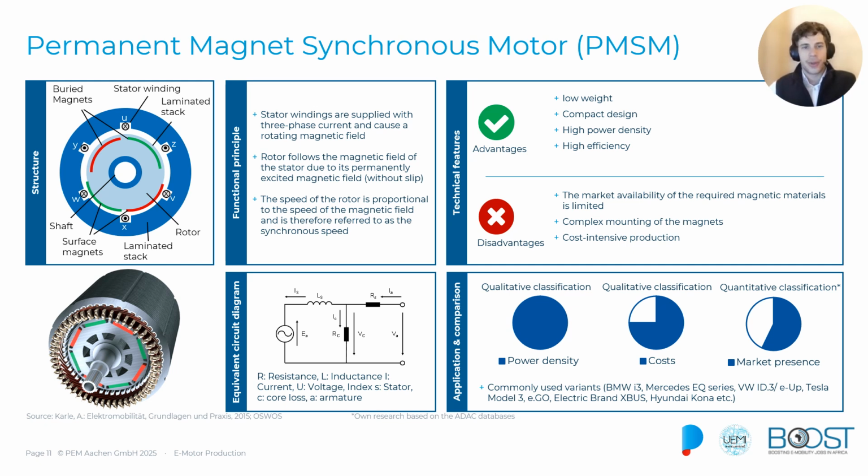Let's start with the permanent magnet synchronous motor. We see in the structure and in the picture that we use permanent magnets in the rotor, which give this type of electrical machine its name and keep the magnetic field of the rotor permanently excited.